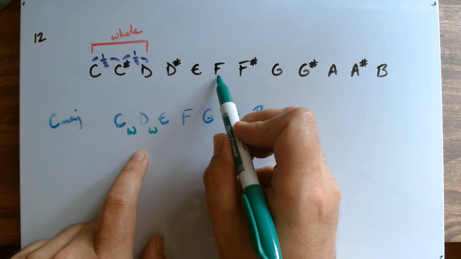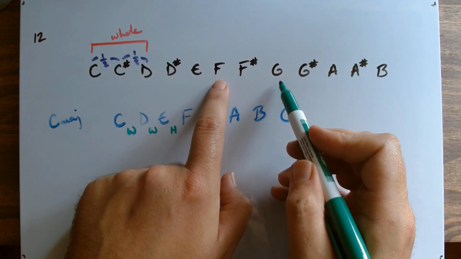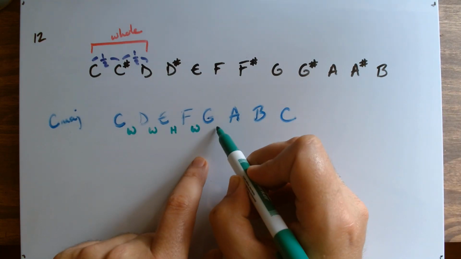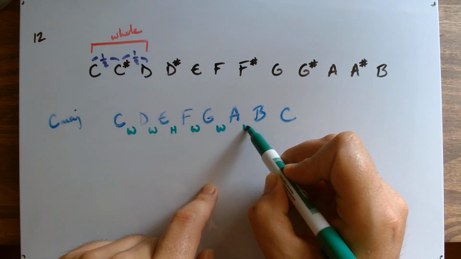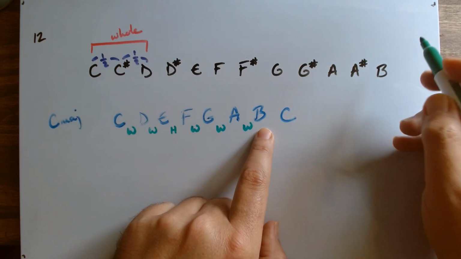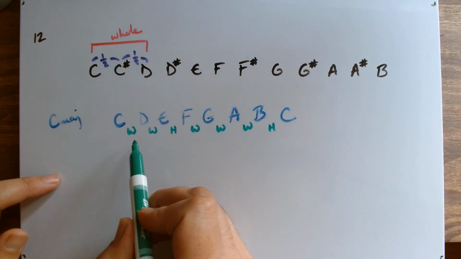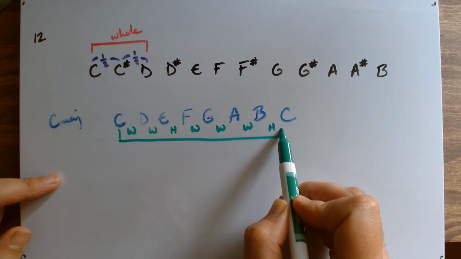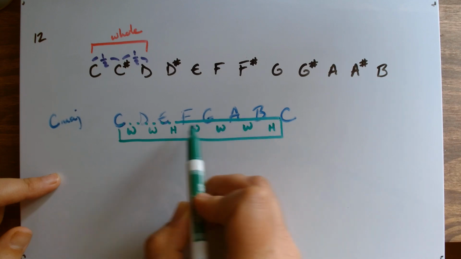From an E to an F is a half. F to a G is a whole. G to an A is a whole. A to a B is a whole. B to a C is actually a half. Okay, so this is the formula that we use to construct all of our major scales.